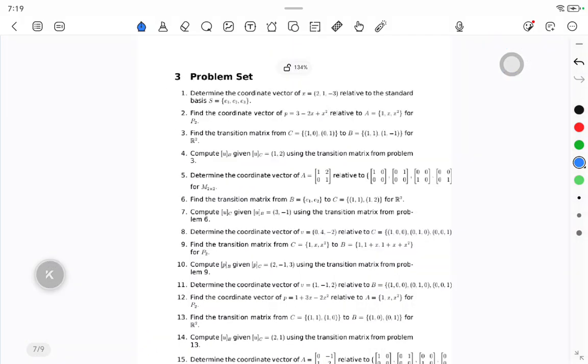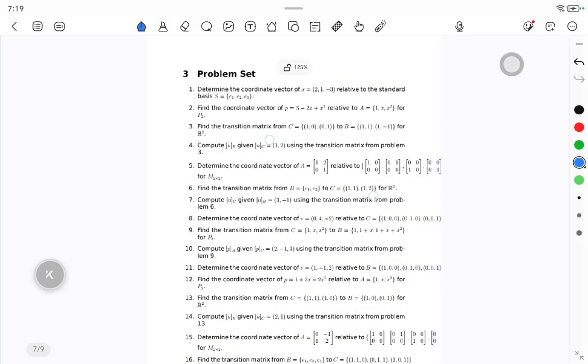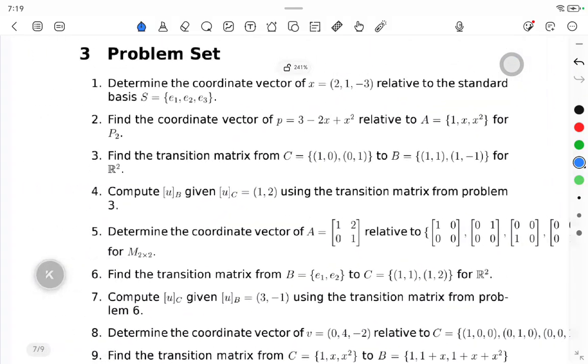Number 3, they say that we should find a transition matrix from C to B for R2. Okay, let's discuss first what it is that we must find. If they say find a transition matrix from C to B, in other words, they want you to take all the vectors.